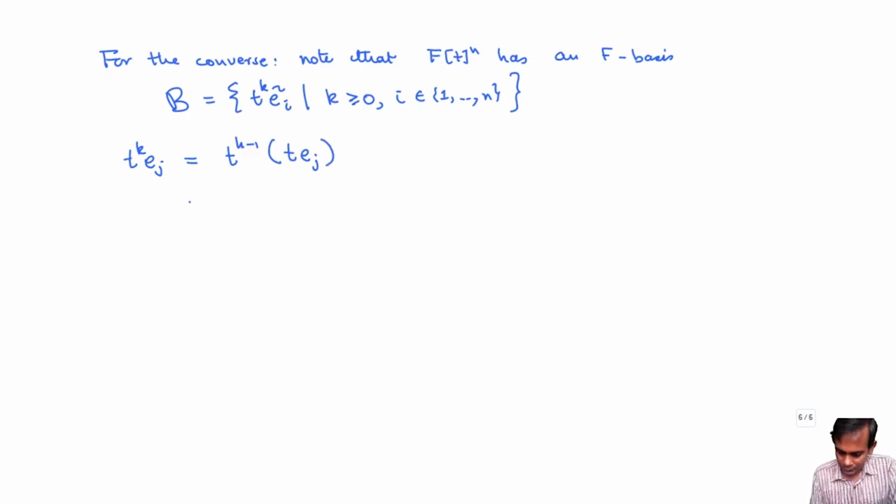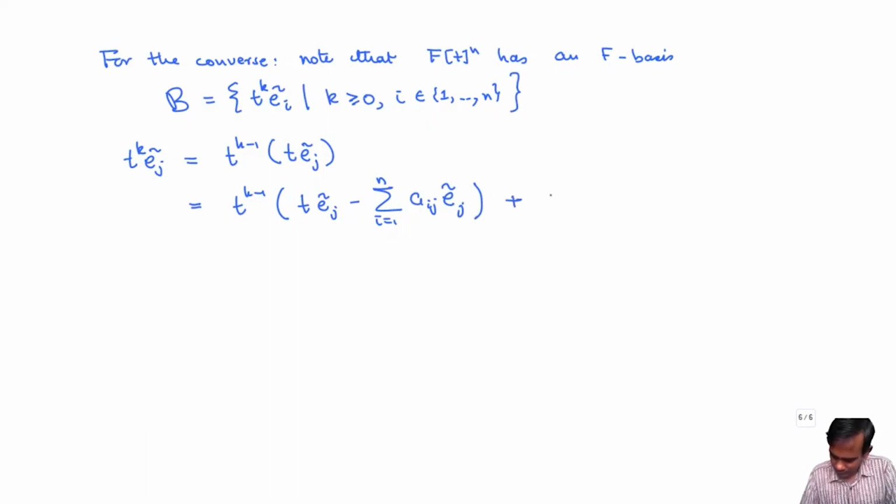But this can be written as t^(k-1) times (t e_j tilde minus summation i goes from 1 to n a_ij e_i tilde) plus t^(k-1) summation i goes from 1 to n a_ij e_i tilde.